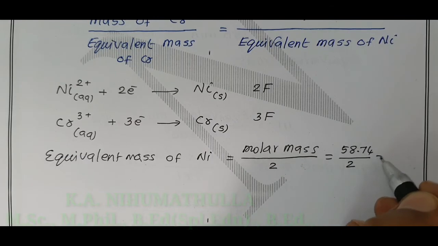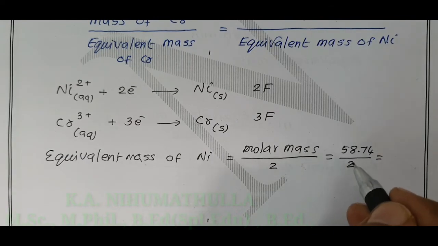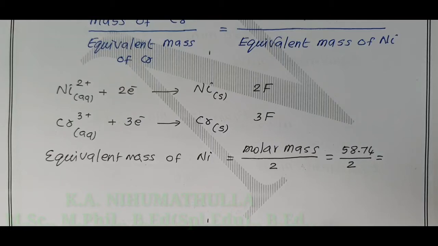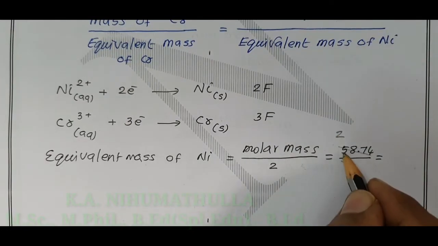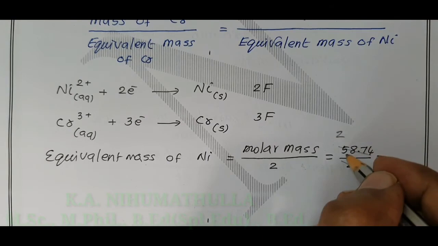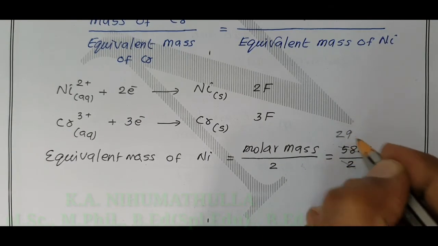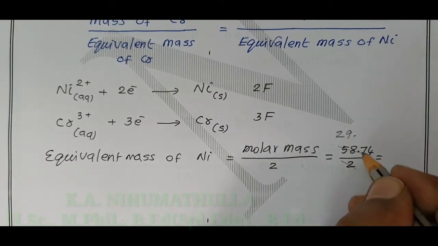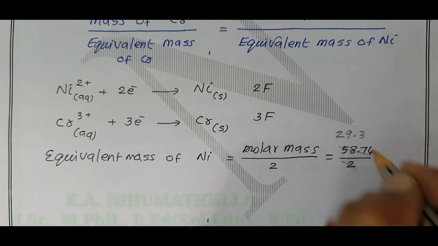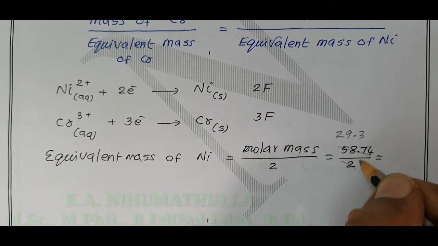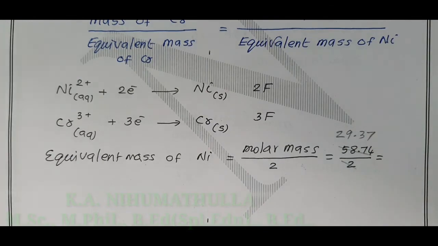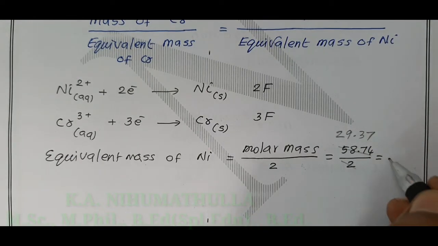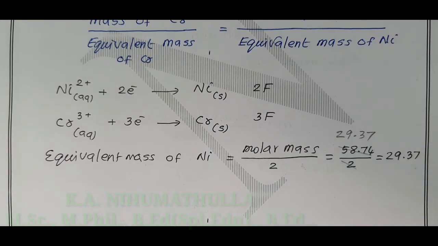When you cancel this, that is 29.37 gram. 29.37 is the equivalent mass of nickel.